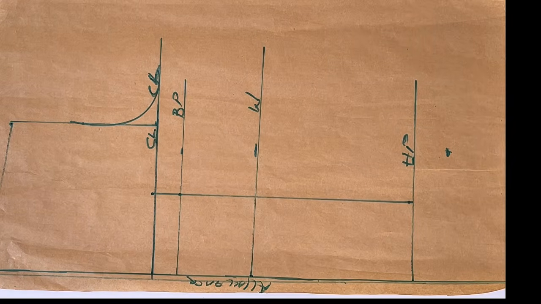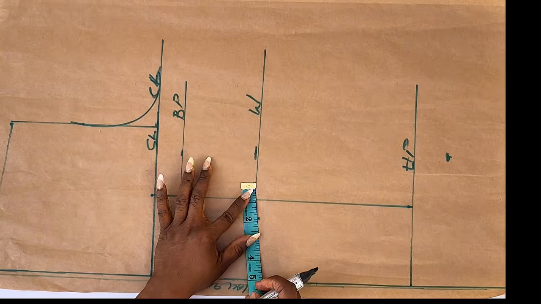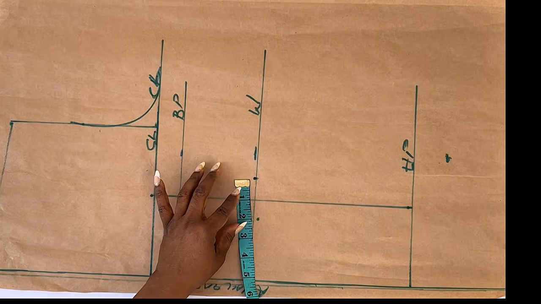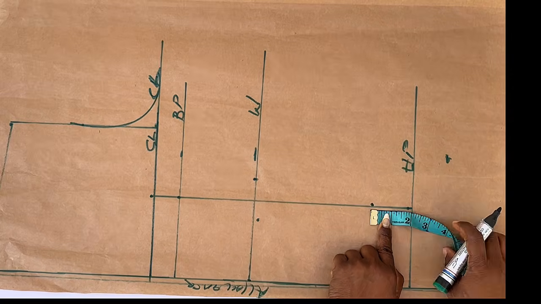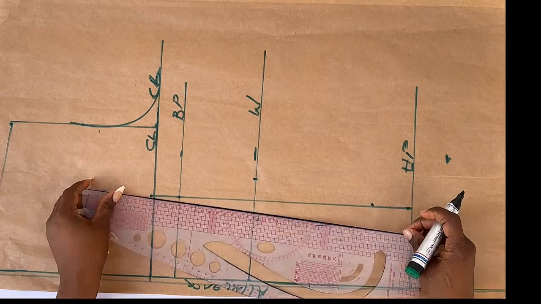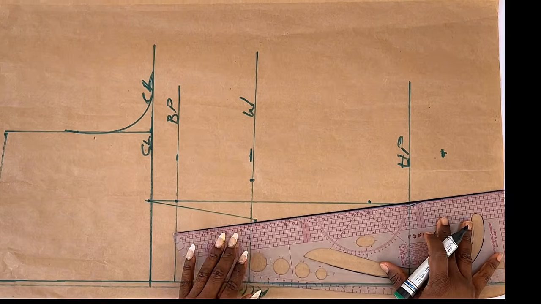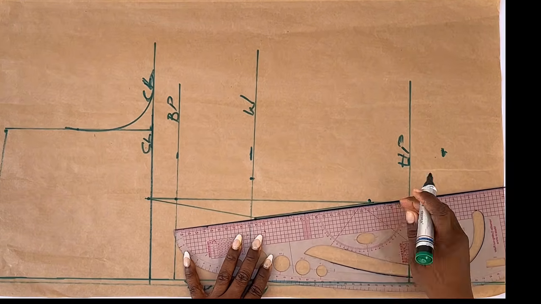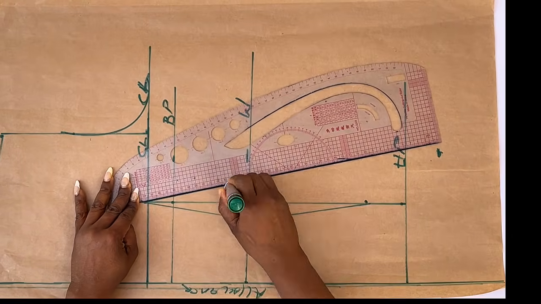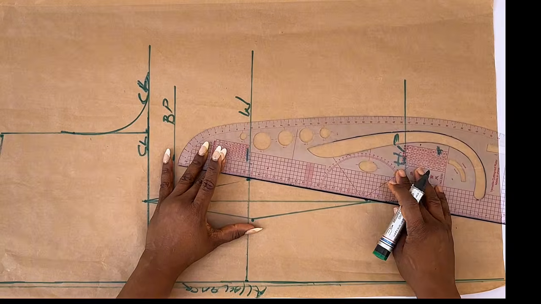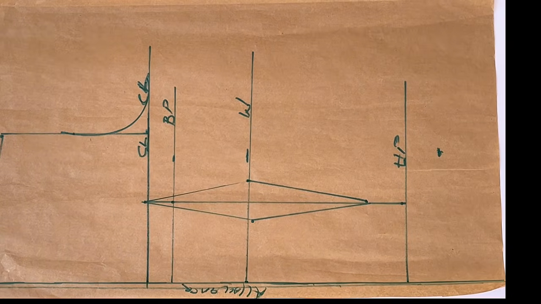Then just like we did on the waist, we go in by 1 inch, and we go out by 1 inch as well. On the hip we're going to go up by 2 inches, and at this point we are going to connect all those points in order to derive our dart. We connect from the chest line down to the waist, and we take it down to the hip.